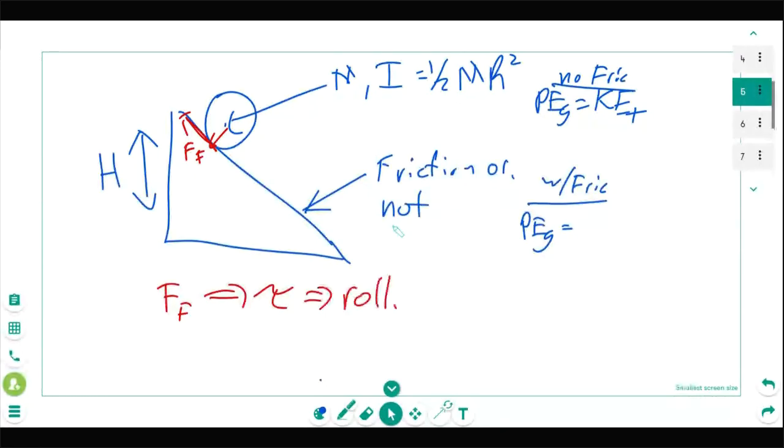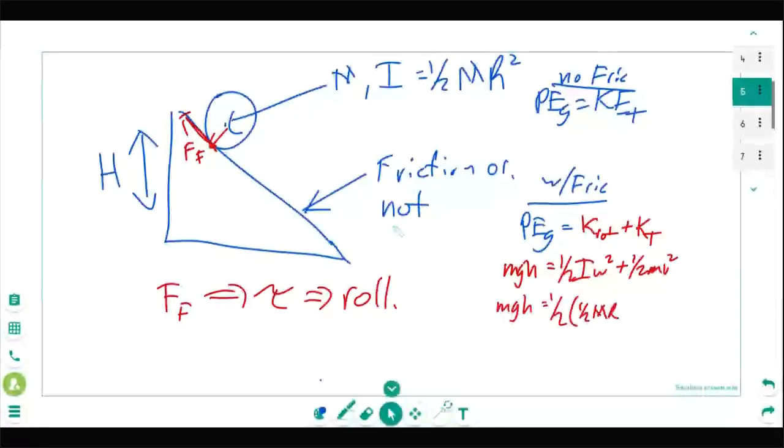So this potential energy due to gravity now doesn't just turn into linear or translational kinetic energy. We get rotational kinetic energy plus translational kinetic energy. And this is where you could do things like mgh equals 1/2 I omega squared plus 1/2 mv squared, plug in some stuff and go to town on that sort of thing.